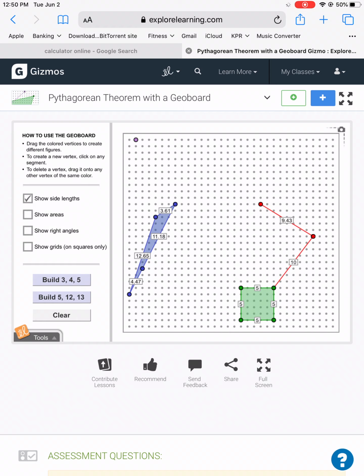There we go. Okay, so I have to make the hypotenuse 13. Oh my goodness, I'm starting to get annoyed. Maybe I won't use this anymore.